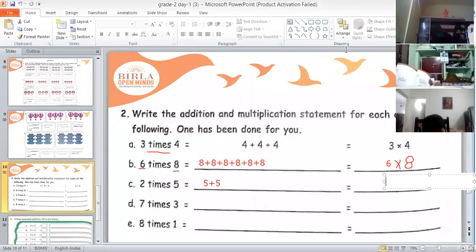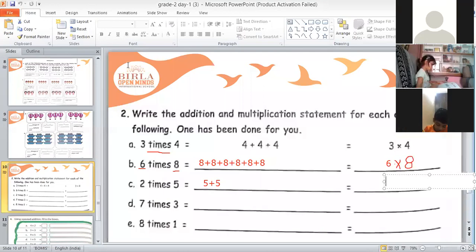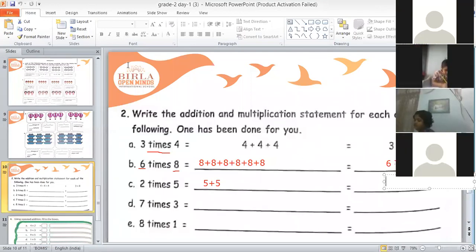Jay, tell me fast. Jay, you need to unmute yourself. Arpita, you tell me how we will write the multiplication sentence. What is the answer?